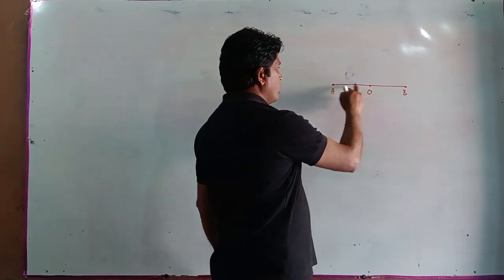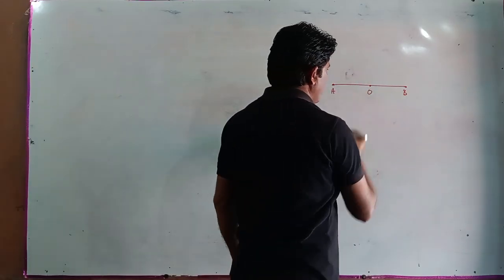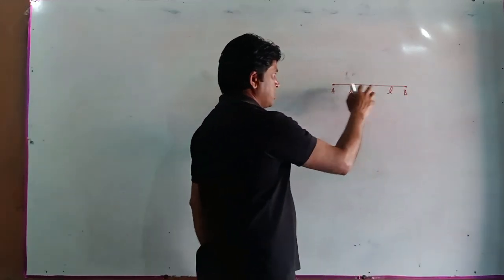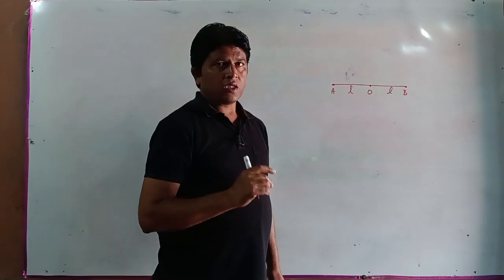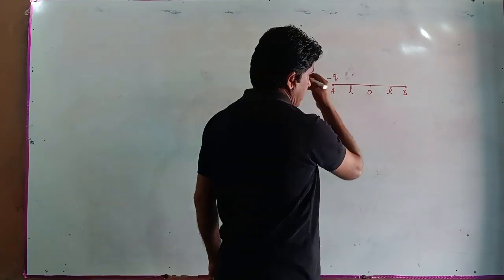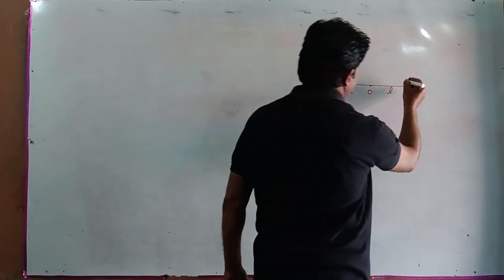So the distance between OA and OB will be the same, and we call it L. Now we place minus Q charge at point A and plus Q charge at point B.